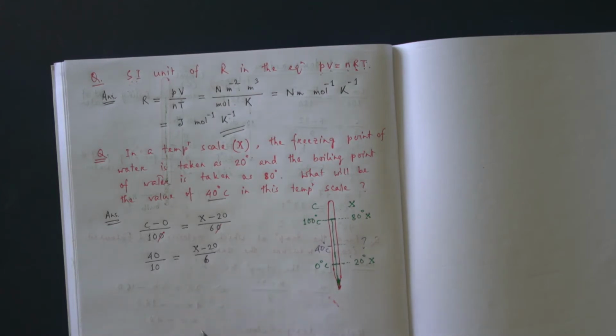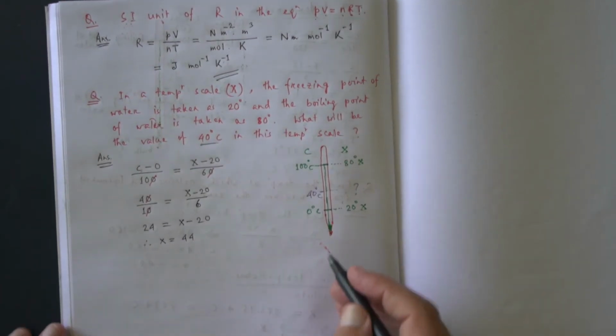Okay, so this will be equal to 24, equal to x minus 20. So x equal to 44.